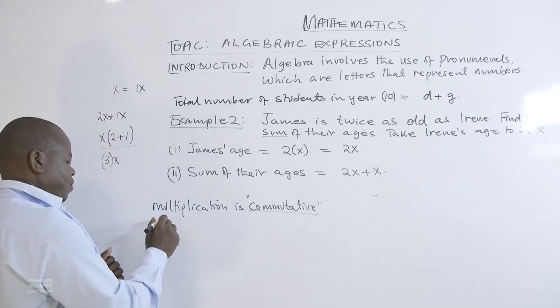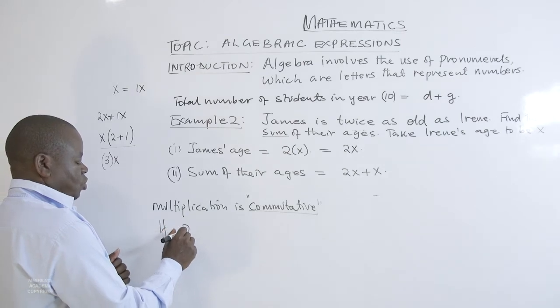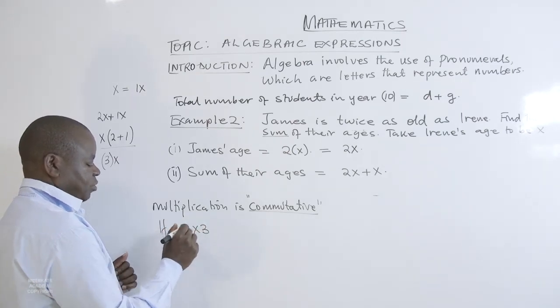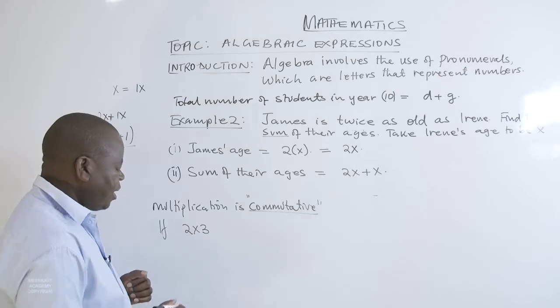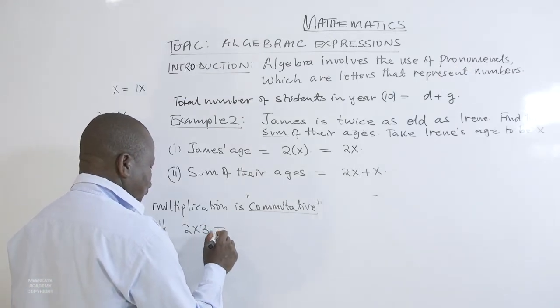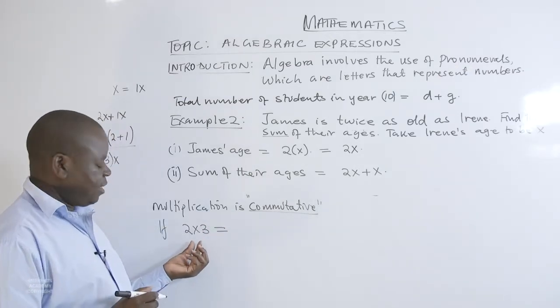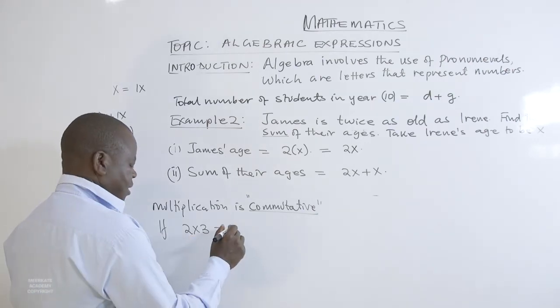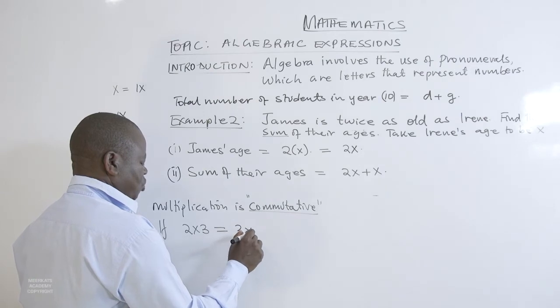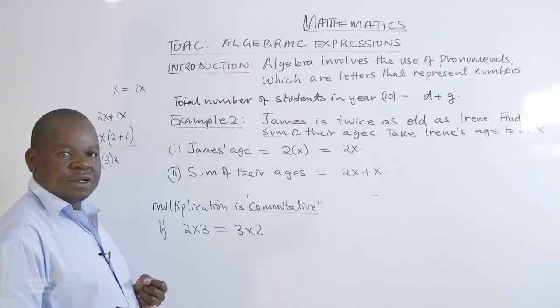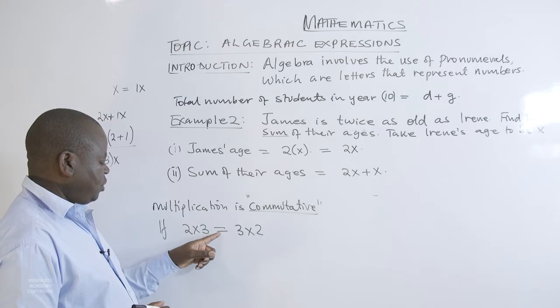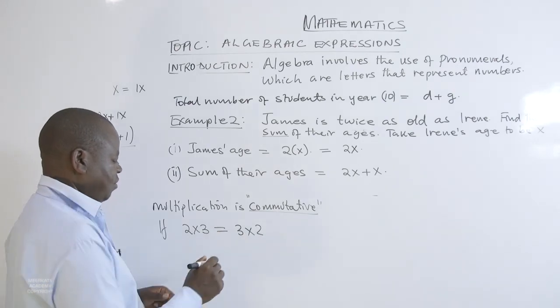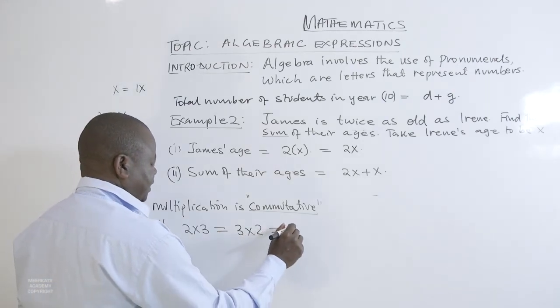If I have 2 times 3 and I interchange the position of the numerals to 3 times 2, it will still be the same answer because that will still give us 6.